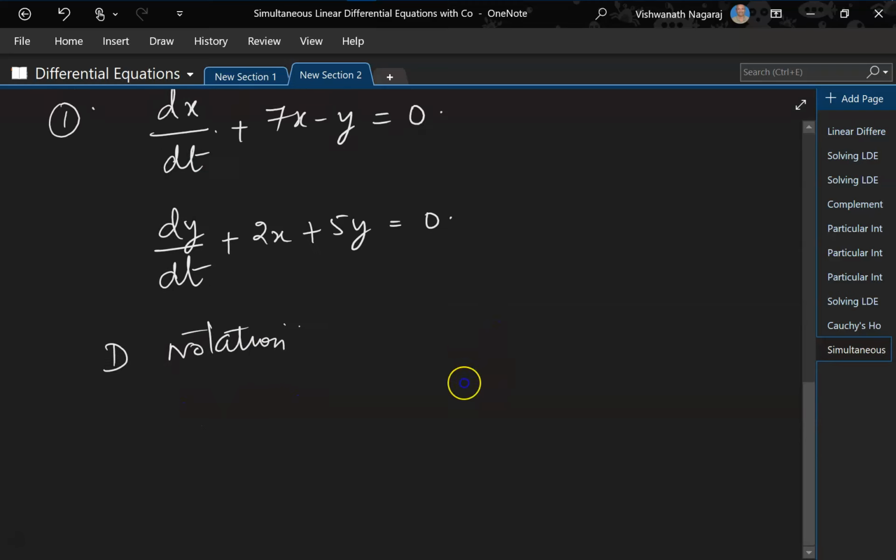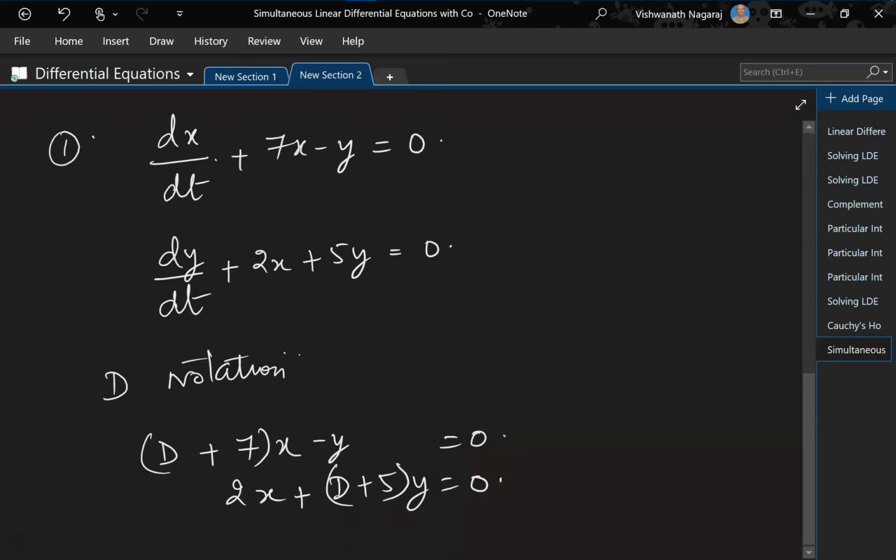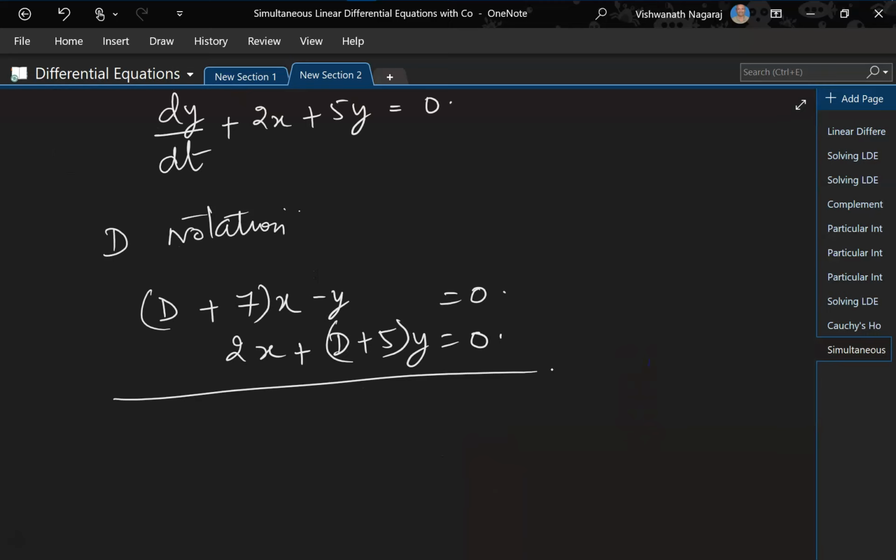In D notation, this becomes (D plus 7)x minus y is equal to 0, where D is dx by dt. And here we have 2x plus (D plus 5)y equal to 0. Now we know what to multiply, right?